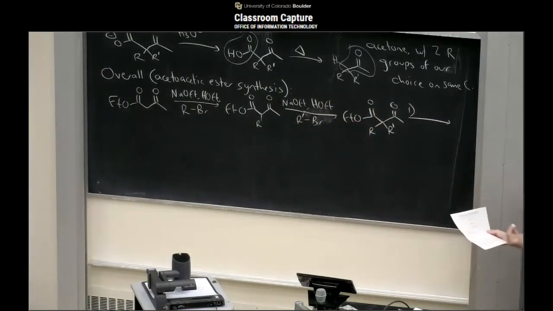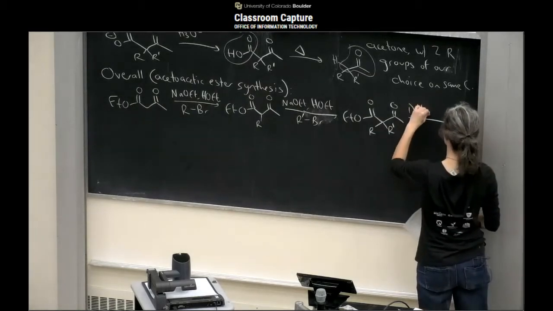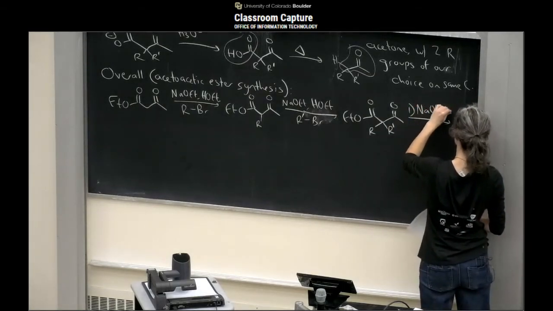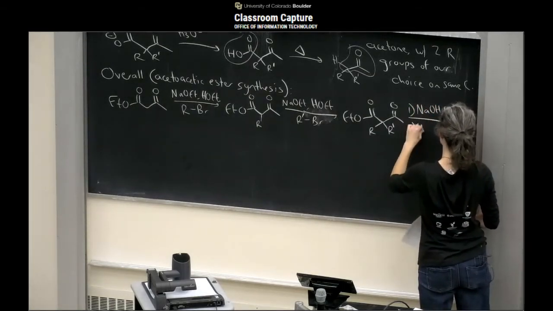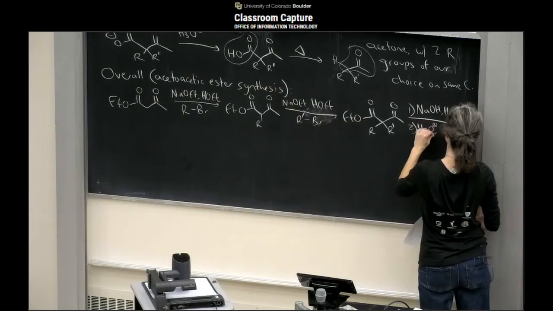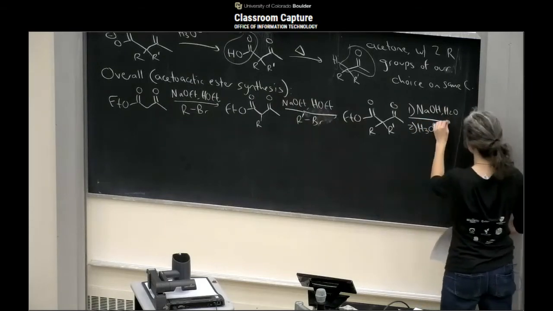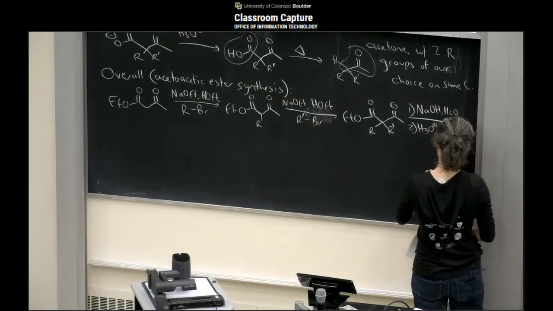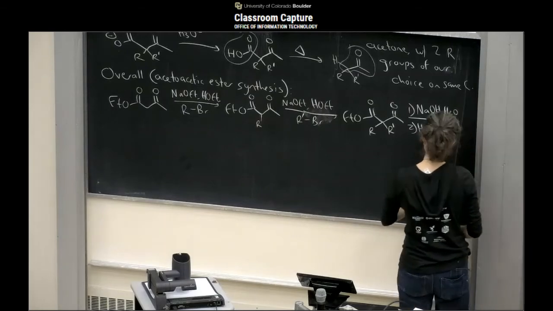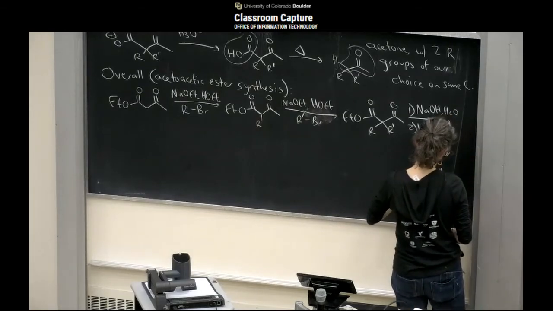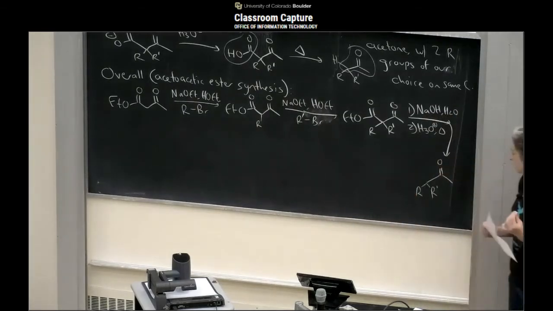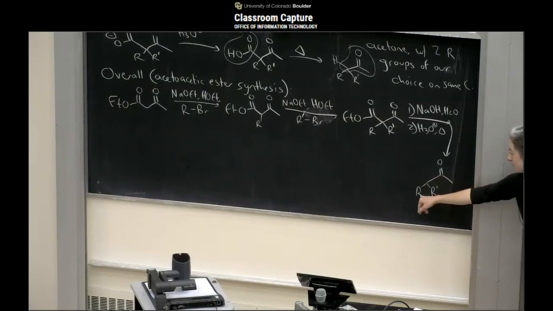We just do step 1 and step 2. So usually it's going to be NaOH and H2O, and then step 2 is just H3O+ and heat. And that gives you this molecule, acetone with 1 or 2 R groups attached to the same carbon.